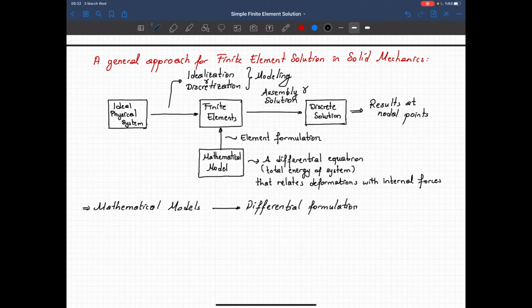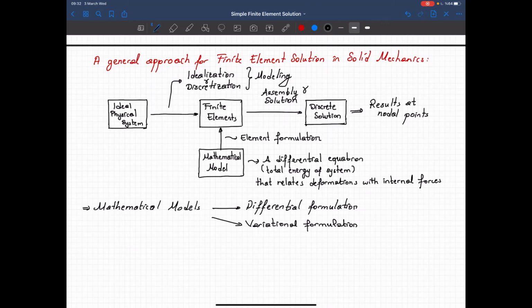And then we will also see the variational formulations. Because as we increase the complexity of the problem, sometimes having a differential formulation is very difficult. So you may need a different approach, and variational approach is one of them.